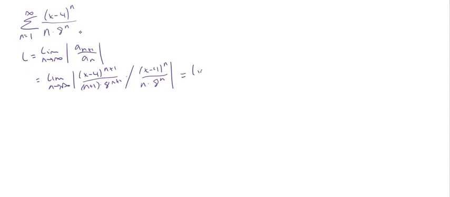This is equal to the limit as n goes to infinity, absolute value. I'm going to copy dot flip. I get x minus 4 to the n plus 1 all over n plus 1 times 8 to the n plus 1. And I'm going to get n times 8 to the n when I flip over x minus 4 to the n.